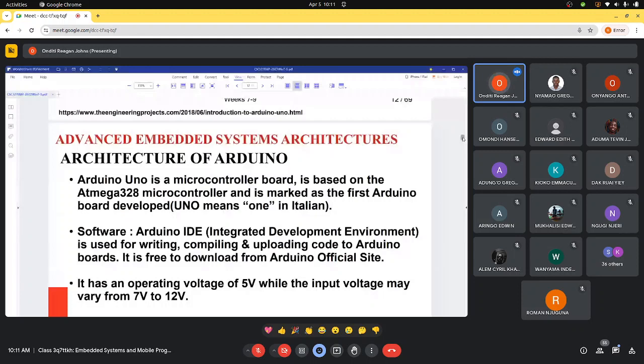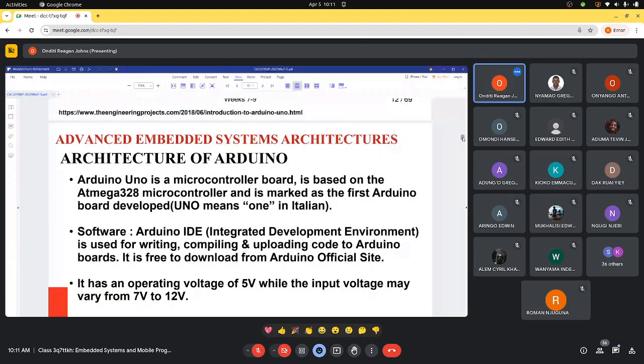There are other boards with a different microcontroller, so don't just say that Arduino only has one microcontroller. You can also read more about several microcontrollers found in different types of Arduino boards. This was actually the very first Arduino board developed, and Uno in this scenario means 1 in Italian.